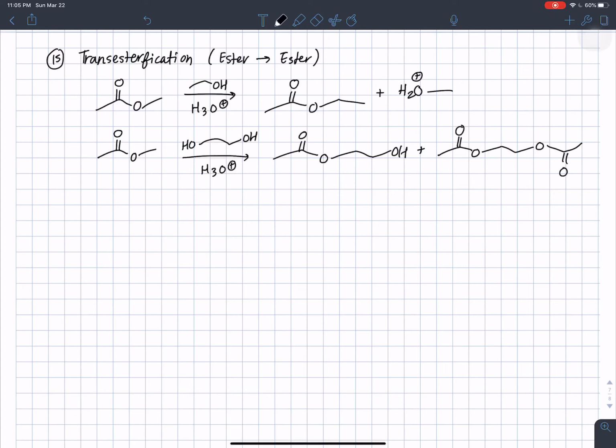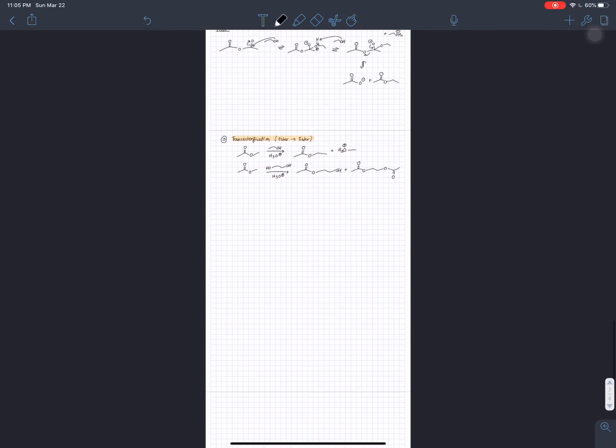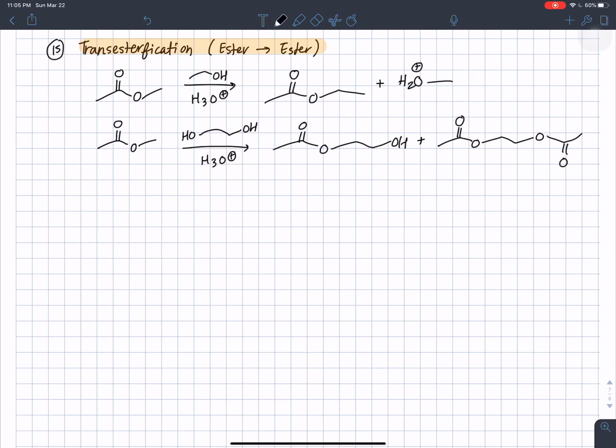Okay. Next reaction is to turn anhydride into amide. This is the same exact mechanism as acyl chloride to amide. So we don't really have to write this one out, mechanism-wise, but I'll just give you the reagents. Again, this looks like a lot of stuff, but most of these mechanisms you might not even need to know, because how can they test a mechanism on a multiple choice?